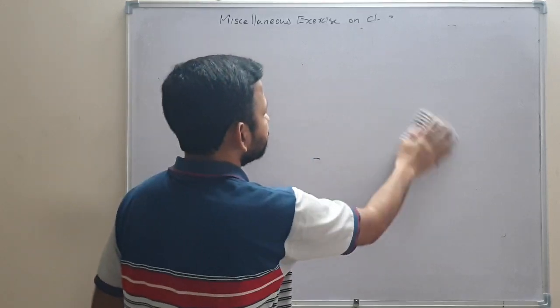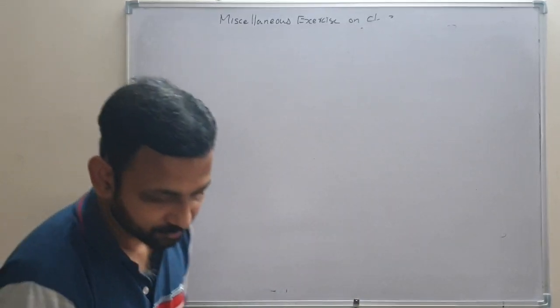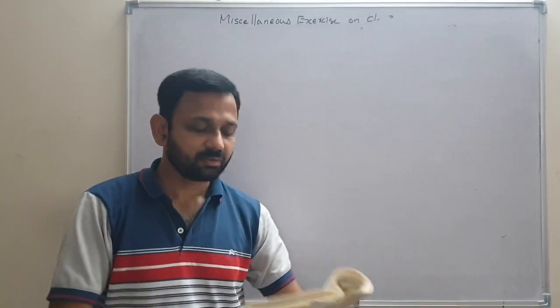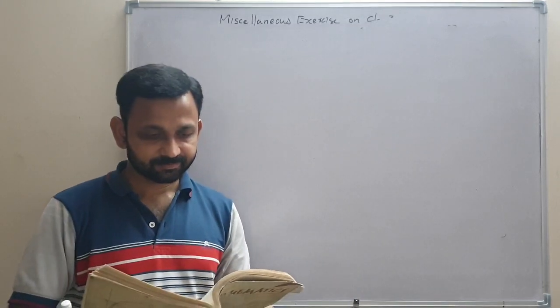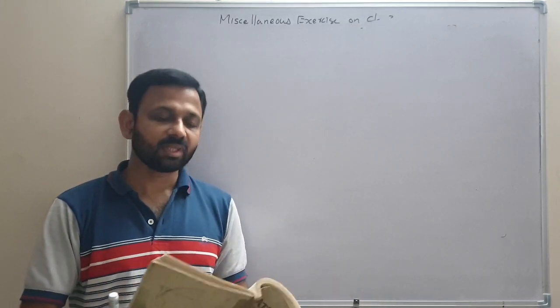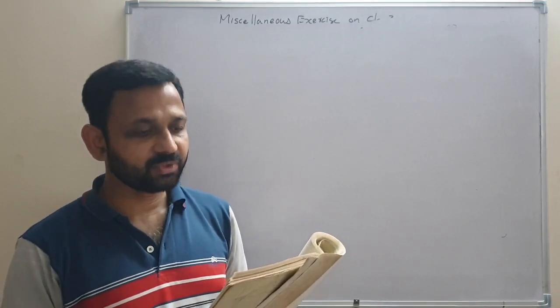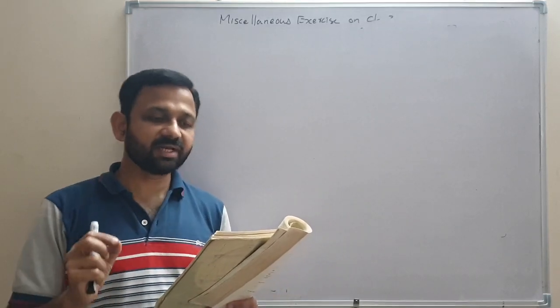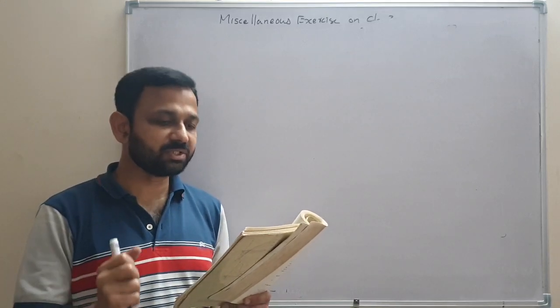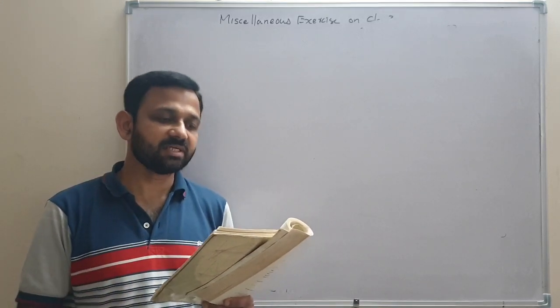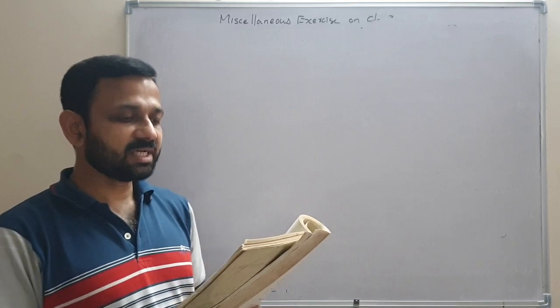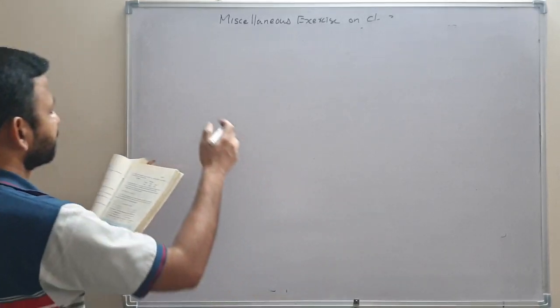Now we are going to do question number 10. A manufacturer produces 3 products X, Y, Z, which he sells in 2 markets. Annual sales are indicated below.